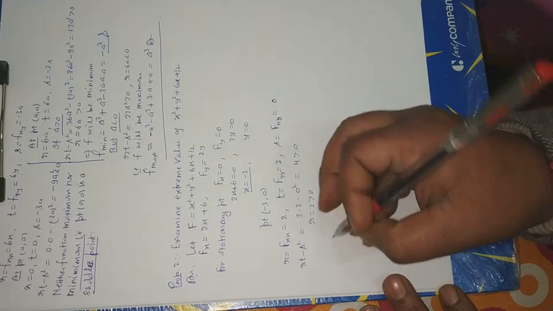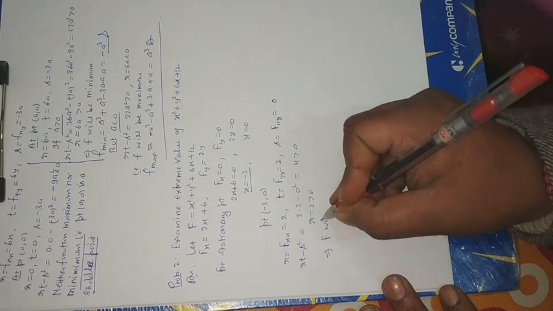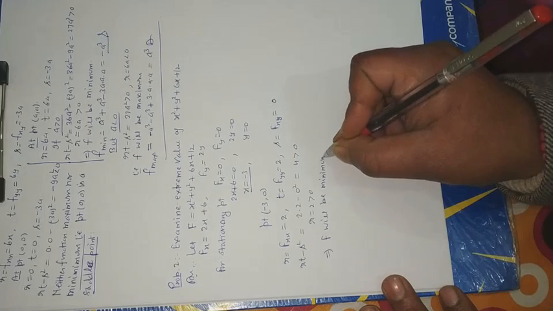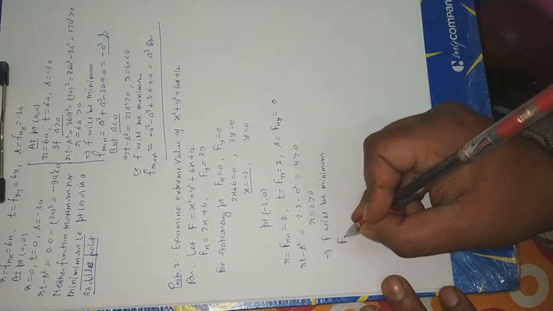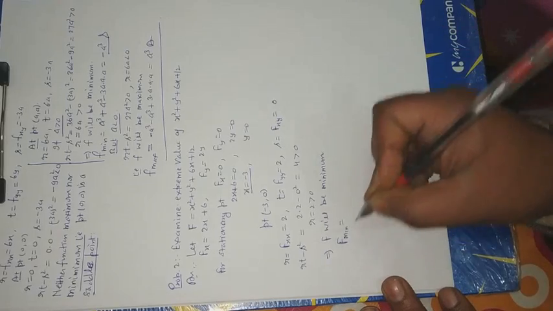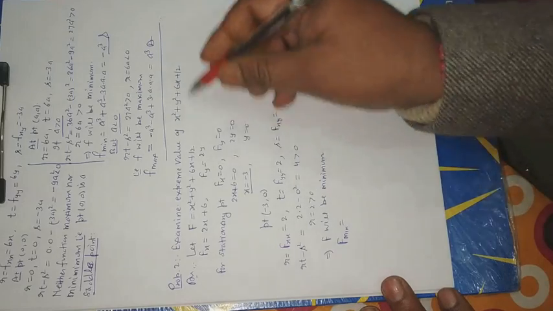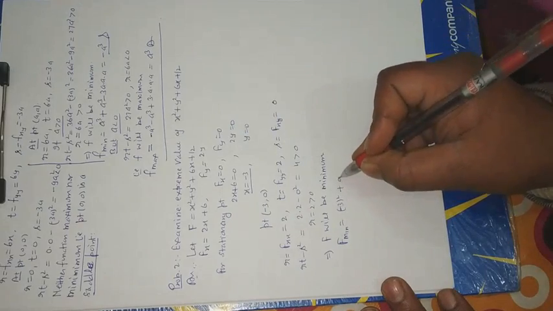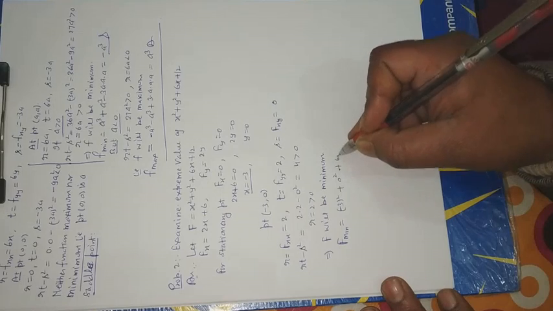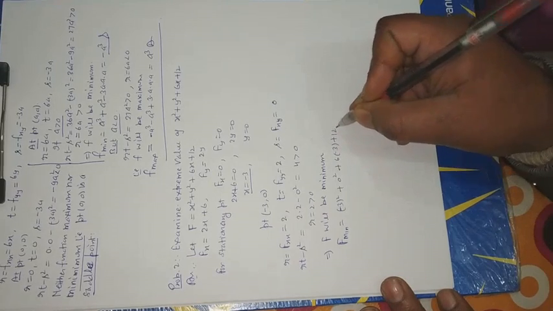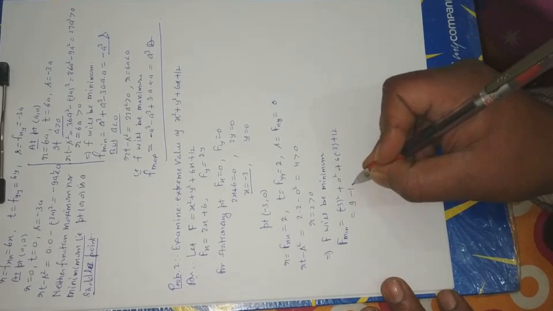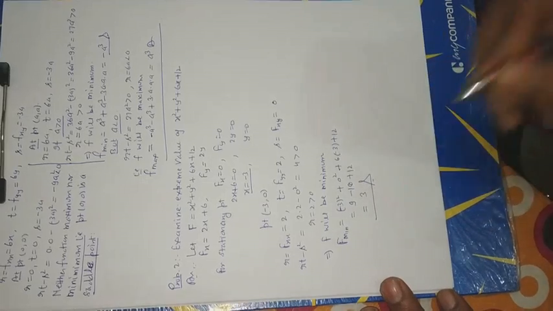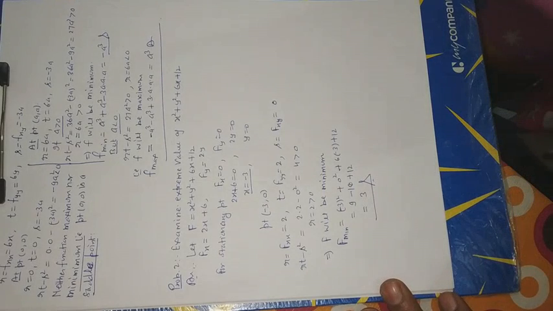Therefore f will be minimum. The minimum value of function f, putting the value of the point in the given equation, minus 3 square plus 0 square plus 6 into minus 3 plus 12, this is equal to 9 minus 18 plus 12, this is equal to 3. Okay, student, this is the complete solution.